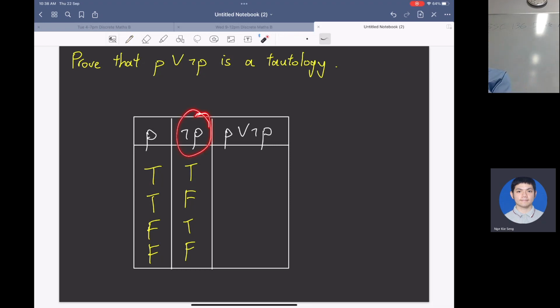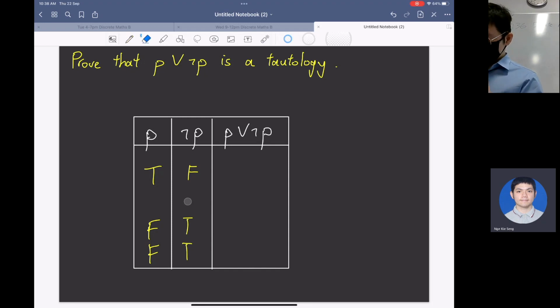Here is not P. So say again. False, true. Okay, I change. I follow you, teacher. False, true. Then why did you repeat? Okay. I erase the redundant part.